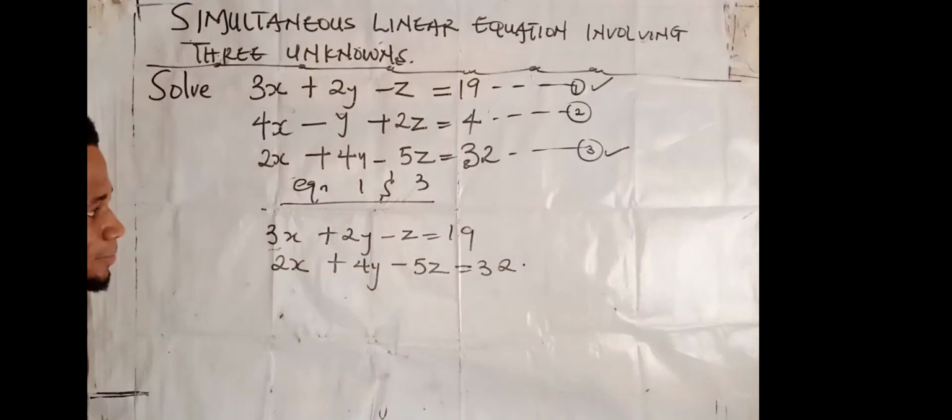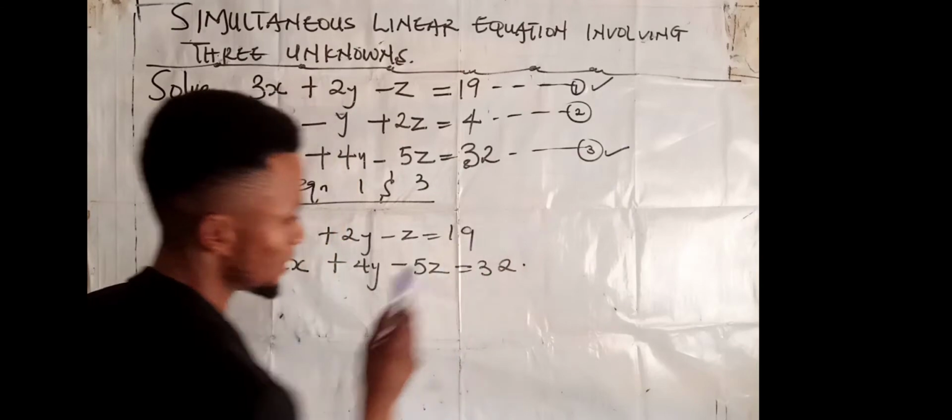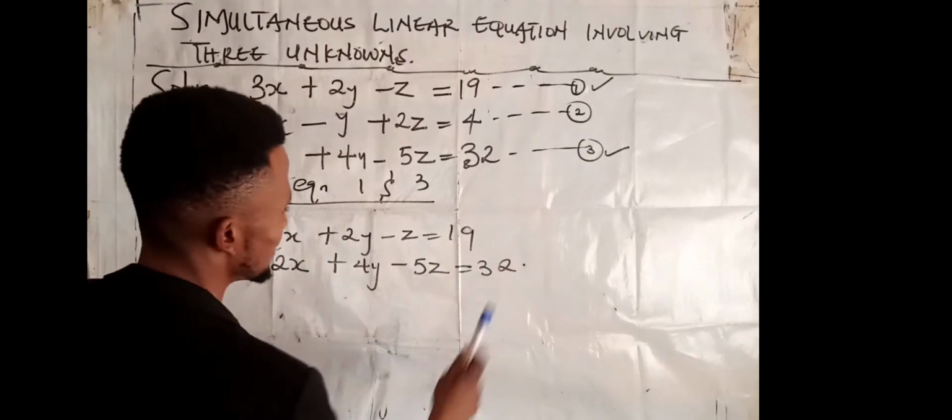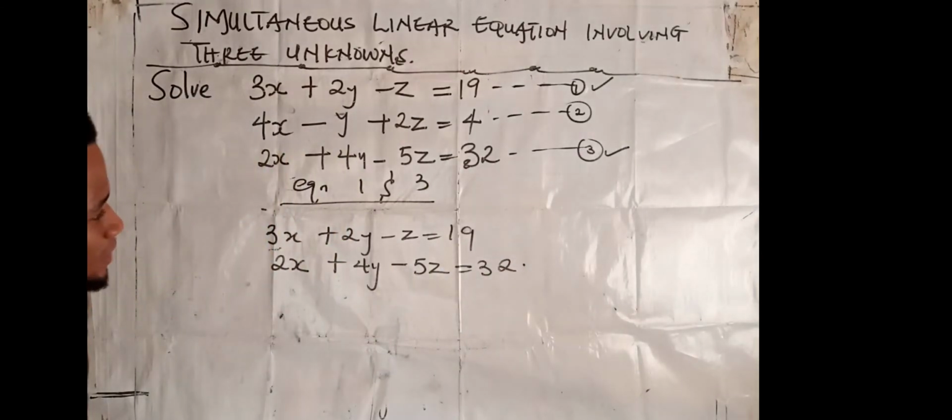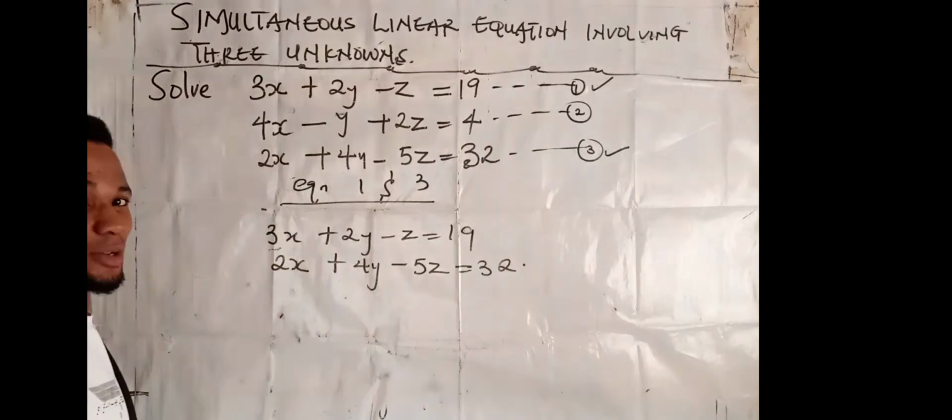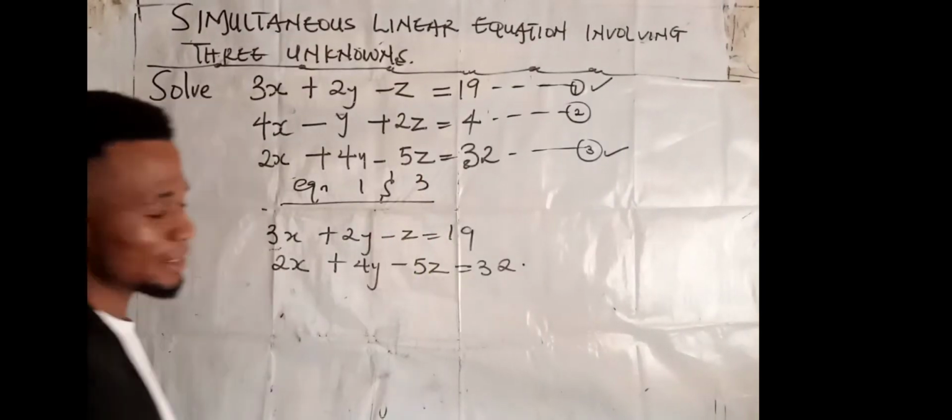Now look at this. I want this to be the same as this. Since it was z I eliminated the other time, I'm going to eliminate z here as well.